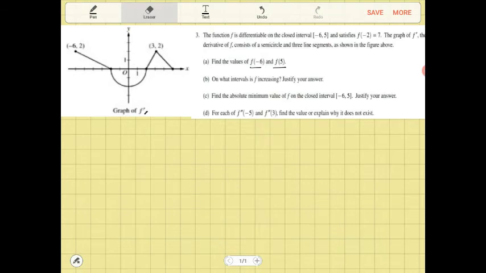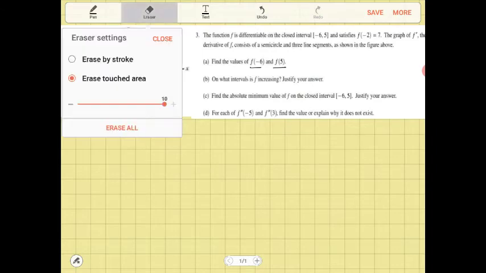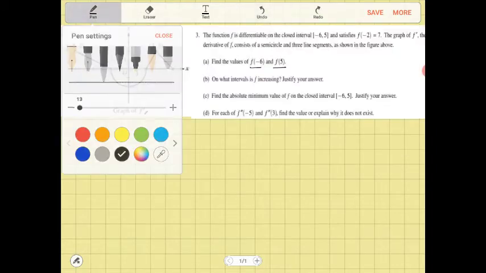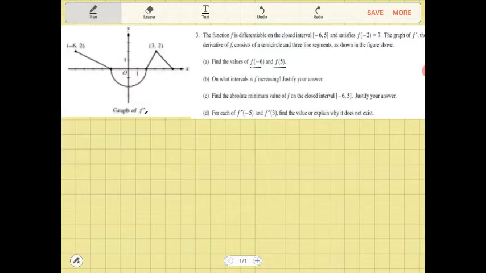So in this video, we're going to work on a problem from 2018, a free response question. We have a function on the left, which is the derivative of a function right here.